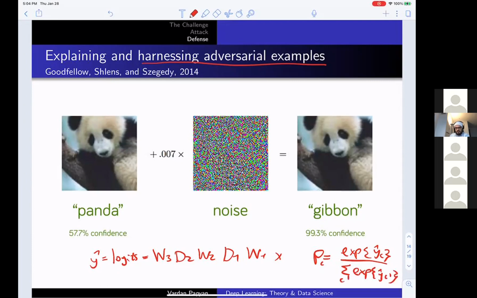Does this make sense? If this doesn't make sense, then in the next lecture we'll talk about this in more detail. Now I understand the notion of confidence, but I don't understand why adding noise makes it increase.